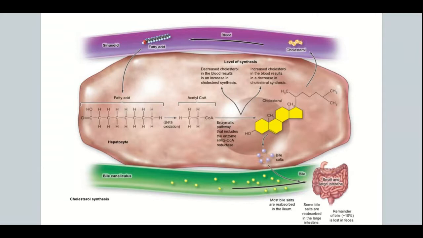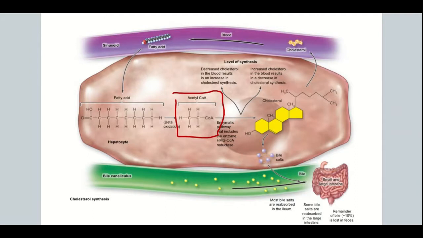The process by which this is done is called beta oxidation. Beta oxidation is going to take your fatty acid into acetyl-CoA. We're going to see that again in a minute, okay? But acetyl-CoA is kind of like our intermediate molecule for a bunch of our nutrients, so you can take a fatty acid and convert it into acetyl-CoA.